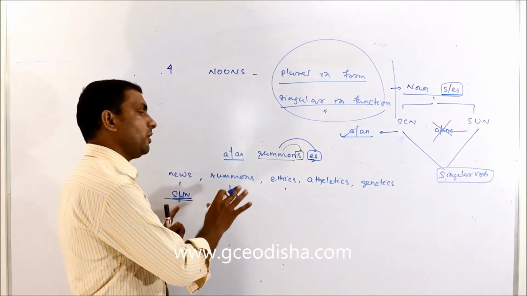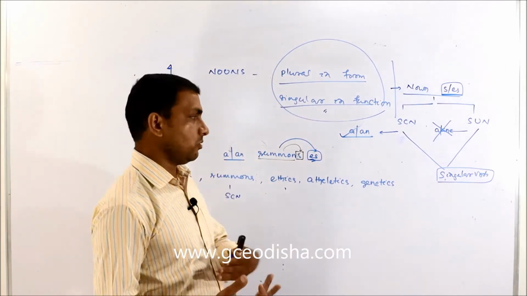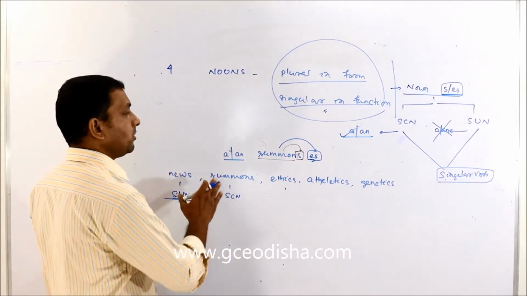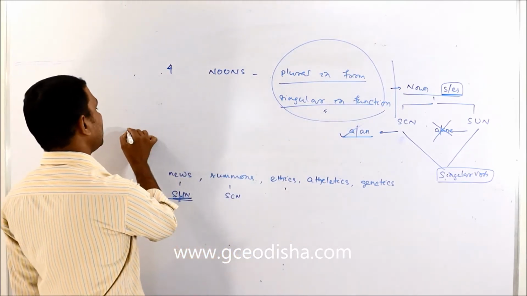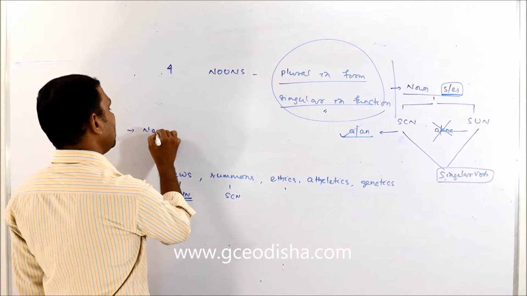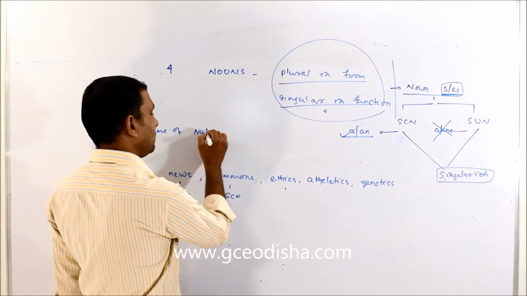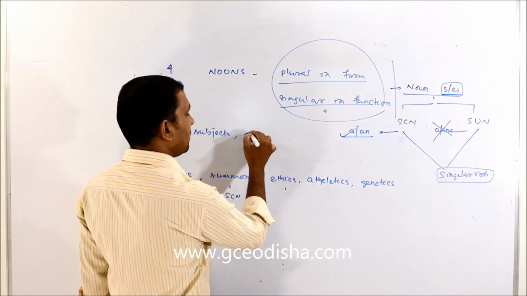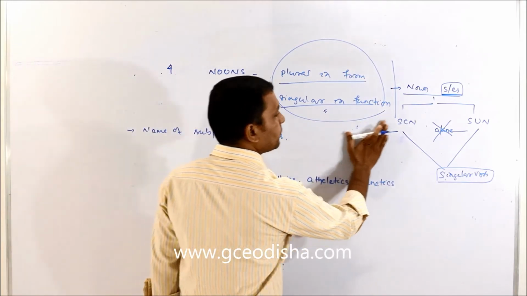Apart from these common examples, there is also a clue through which we can remember many other words that come in these categories. The clue is the name of subjects. This is one. Name of diseases. Name of sports.